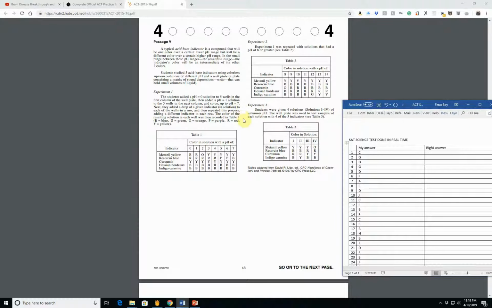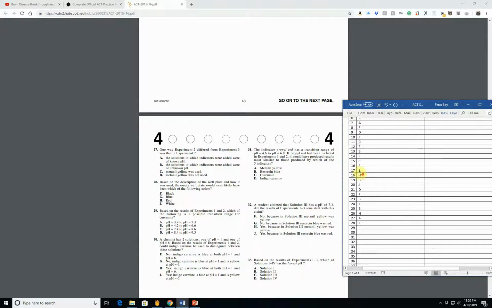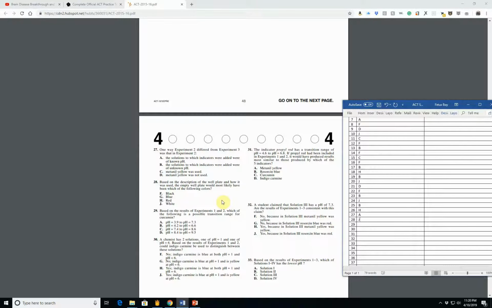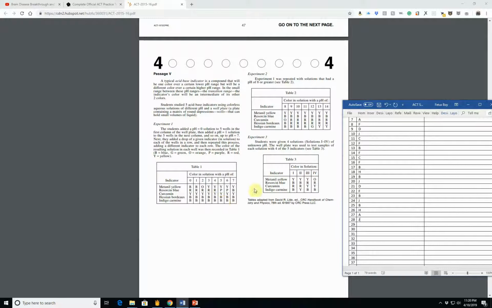Plate containing... Alright, which of the following transitions? Curcumin. Okay, so 1, 2, 3, 4. Curcumin goes yellow, yellow, yellow, yellow. At 1 through 7, it's yellow.